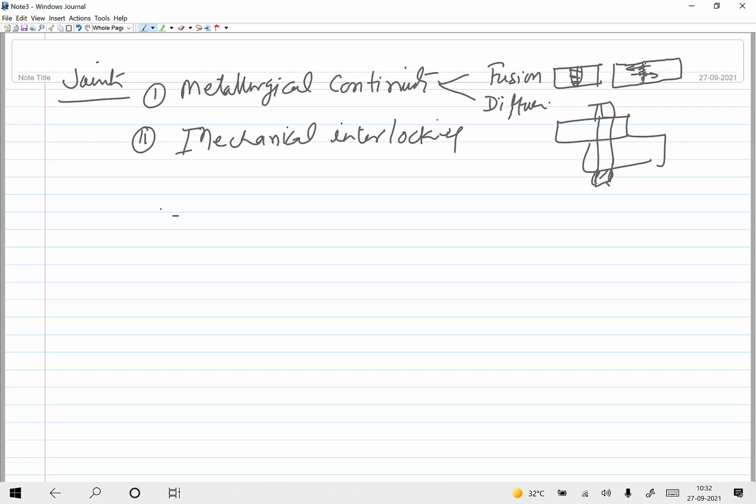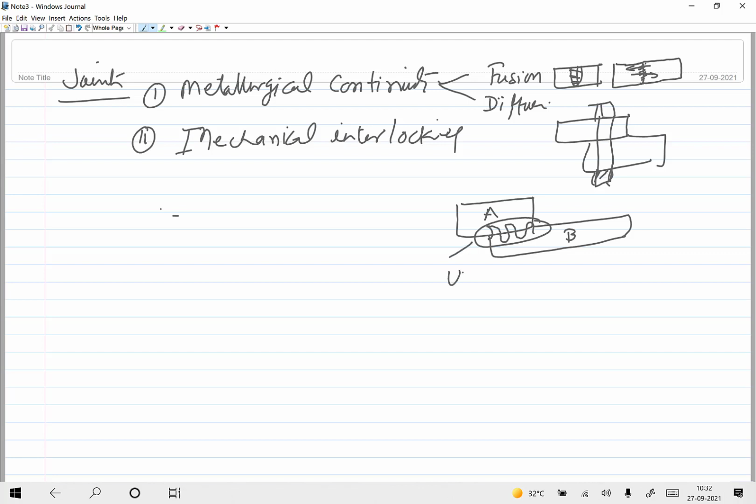The second way is to take the two components and apply controlled interfacial deformation, so one metal mixes with the other metal in the solid state. Metal A gets mixed in the solid state itself with the other metal, leading to mechanical interlocking at the interface.